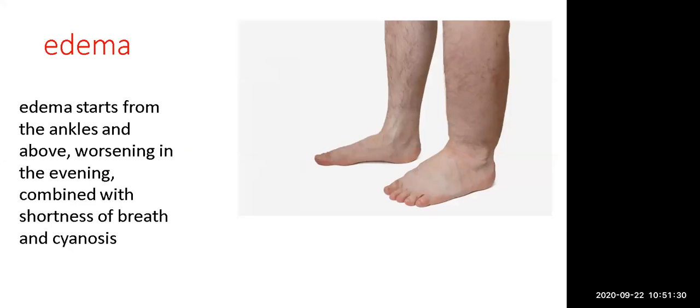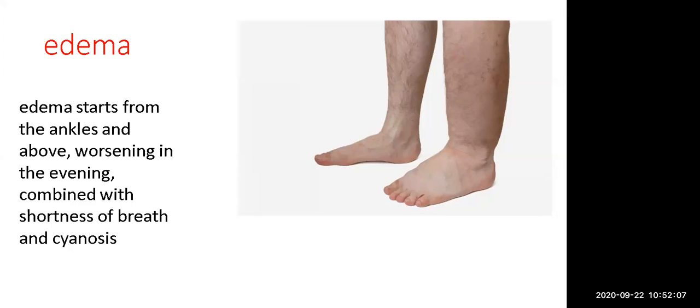So remember, swelling in our body can occur because of heart failure or kidney disease. If your swelling starts from the ankles, from the feet, and goes up, from down to up, and it is worse in the evening, we say the problem lies in the heart.